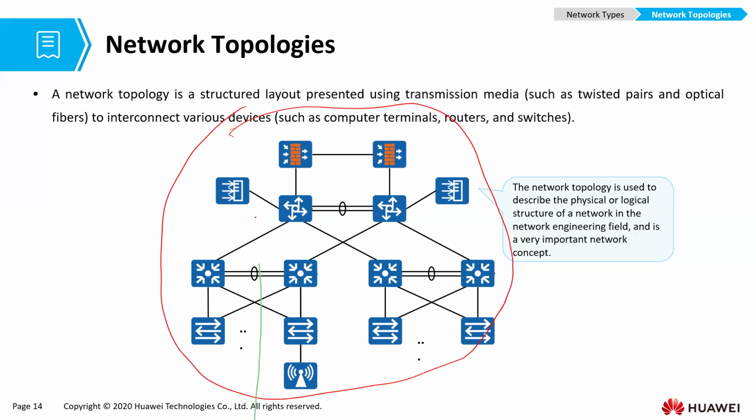Device A, router 1, connects to router 2 using my ports, using my interfaces, connecting using my IP addresses. So in totality, the topology gives you an idea of how your network design will look.